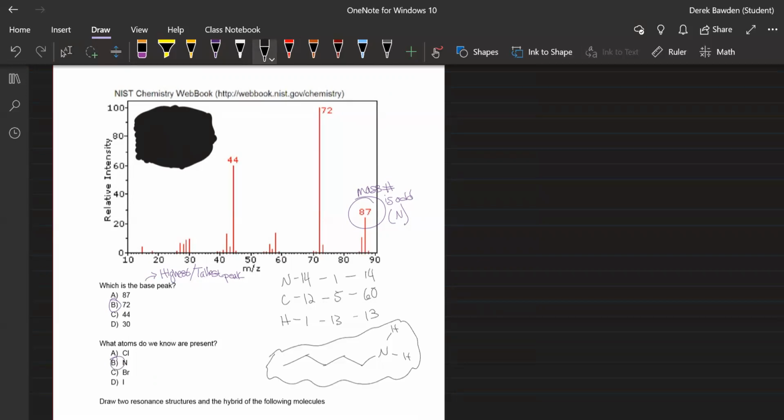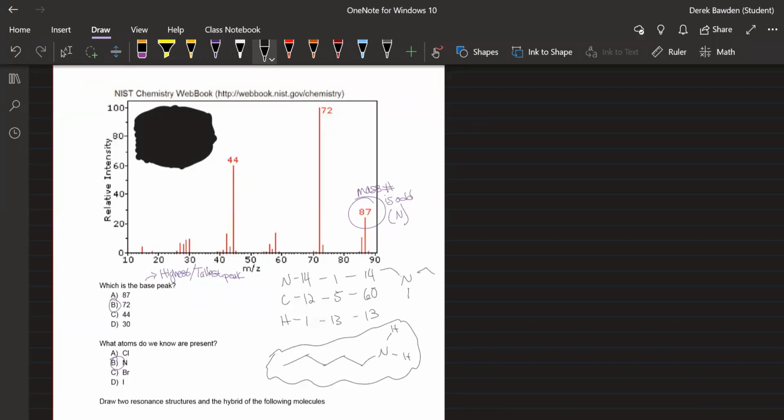I just guessed on roughly how many carbons I thought there would be. If you guessed 4 and you came up short, add another carbon, see how many hydrogens there are, and double check again, okay? So you want to work through those. That's how you kind of think about this, right? Another structure you could get here is with the nitrogen in the middle, where it looks something like this.